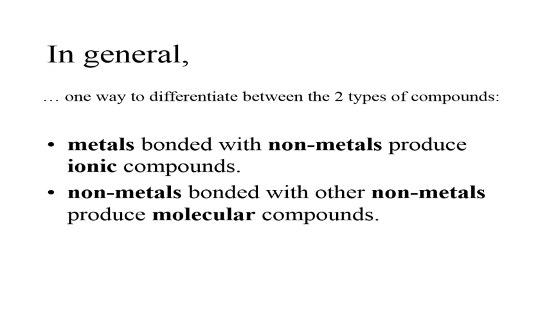Now, when we chunked up the periodic table a while back, we said we had that jag going through the P block. And that jag separates the small amount of nonmetals, in the upper right, versus metals. Most of the stuff is metals, okay? So metals bonded with nonmetals give you ionic compounds.